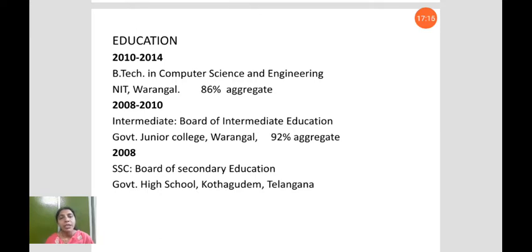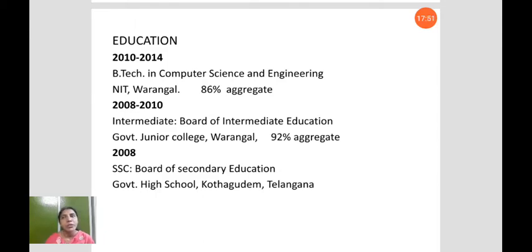Here you can clearly see the reverse chronological order. 2010 to 2014 he has done BTech in Computer Science and Engineering, NIT Warangal, with an 86% aggregate.